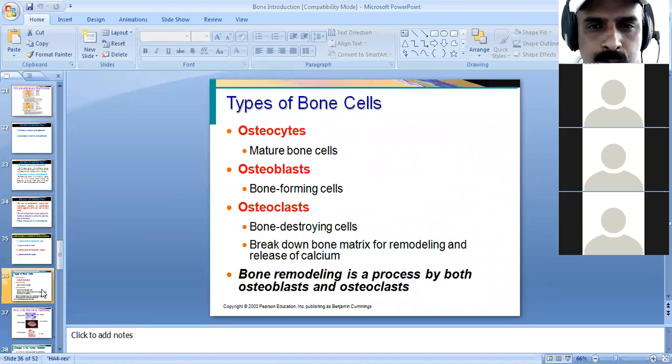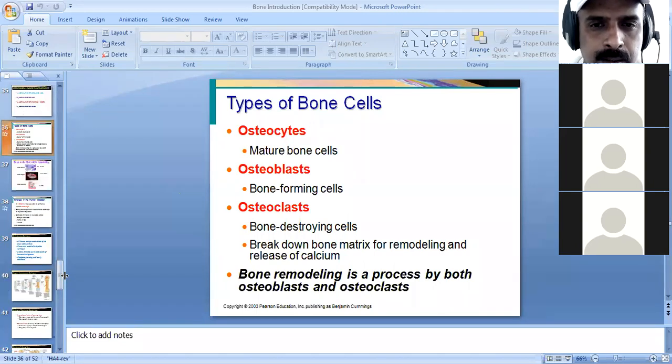Now the types of bone cells: we have osteocytes, osteoblasts, and osteoclasts. Mature bone cells we call osteocytes. Osteoblasts are bone forming cells; in the ossification center, the osteoblasts are there, the bone forming cells.